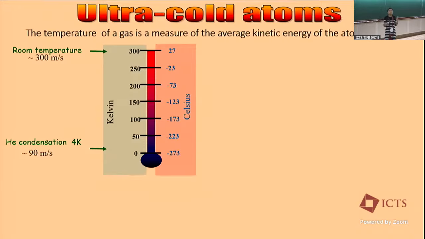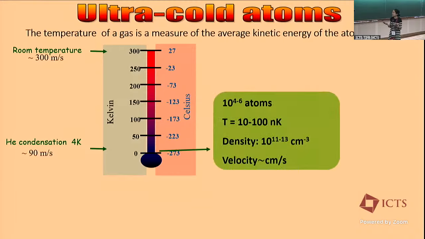One of the biggest developments in recent years has been the possibility to cool down very dilute gases of atoms, 10 to the 4 to 10 to the 6 atoms, to temperatures of 10 to 100 nanokelvins. Very cold. At these temperatures, the atoms are moving at velocities of centimeters per second, and the density is very dilute, 5 orders of magnitude more dilute than air.